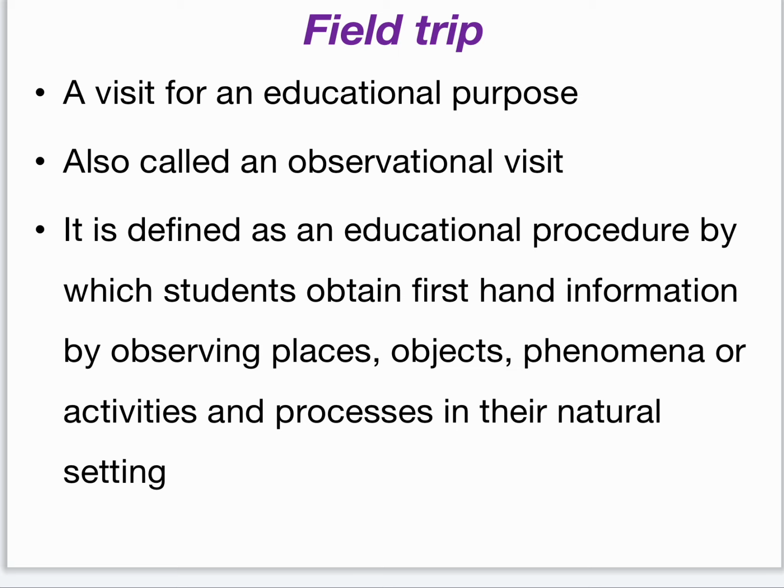So basically here, students visit a particular area or an organization in order to get first-hand information regarding the processes as well as the activities that are run within the organization or the place.